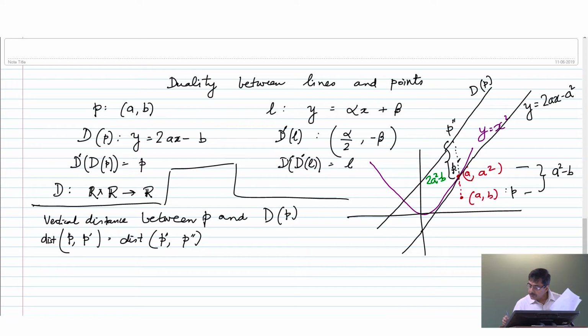Now, let me establish some other properties of the dual transform.